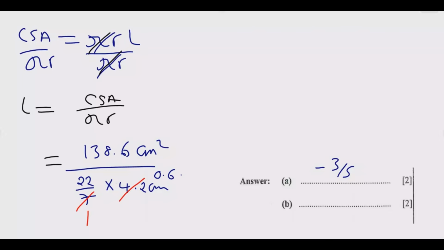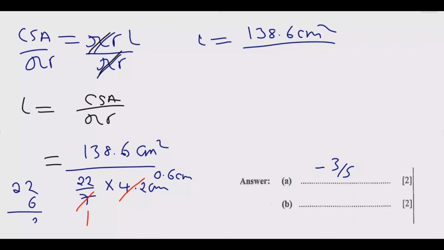So L is equal to 138.6 centimeters squared over 22 times 0.6. So what do I get? 22 times 6 is 12 carry 1, then 12, then 13, so 13.2 because of this decimal place. So I'm going to end up with 13.2 centimeters.